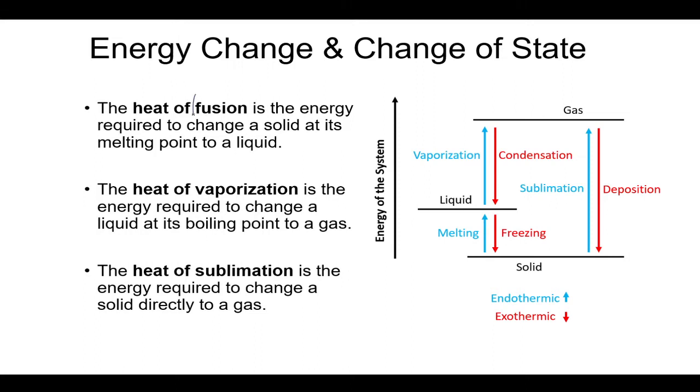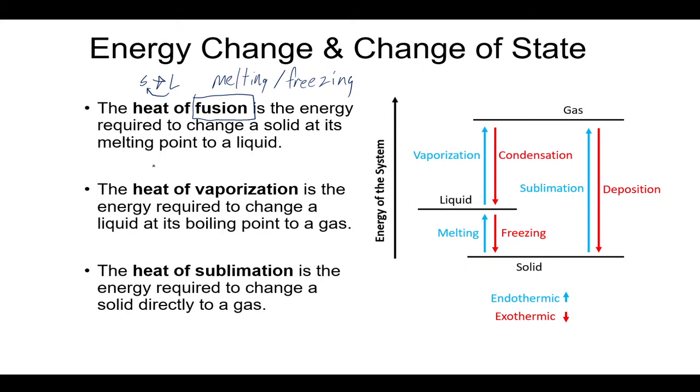And so this term right here is for our melting, or our freezing, or our fusion. These are all terms that describe this same process of solid to liquid or liquid to solid, right?